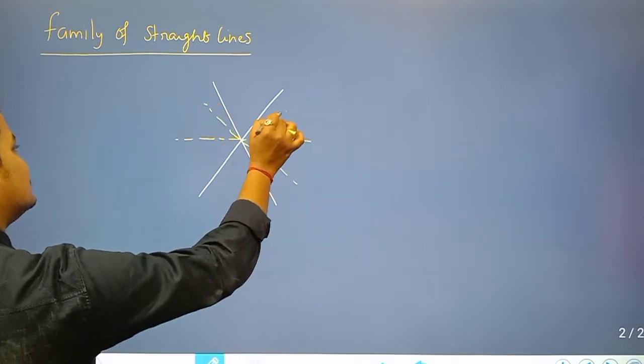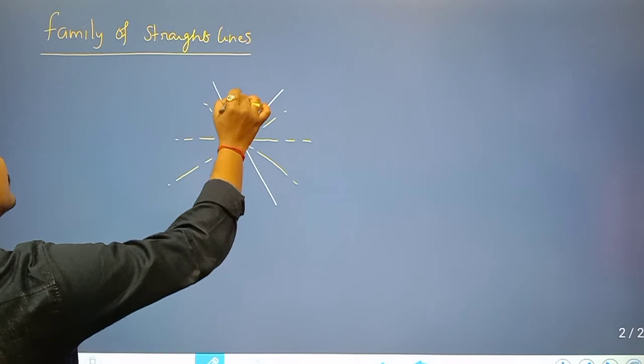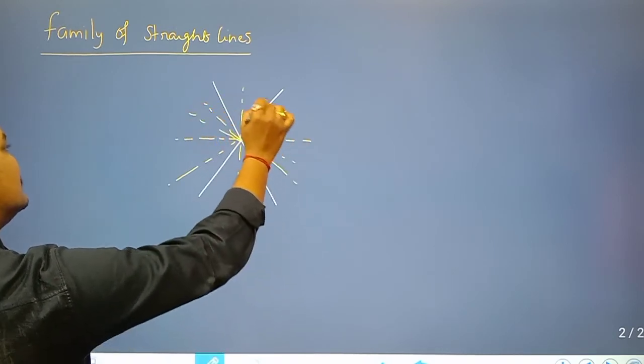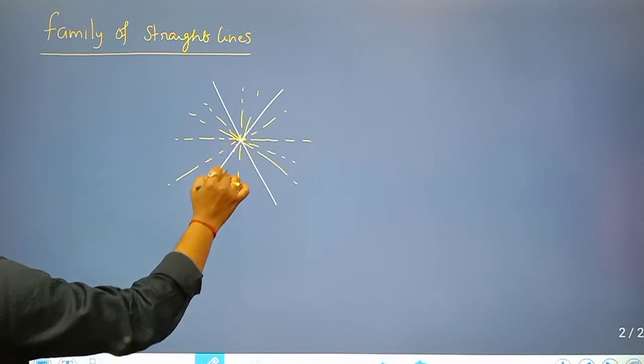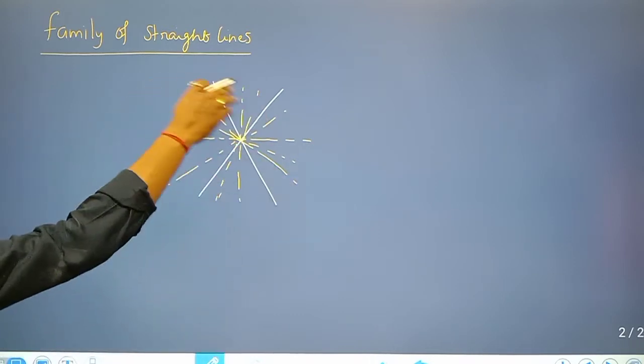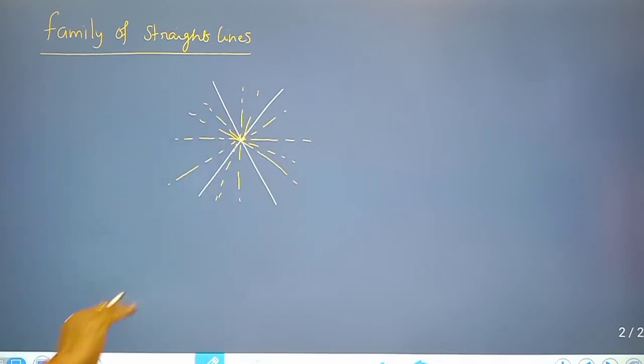Like this, infinite lines can be drawn through the intersection of these two lines. The combined equation of all these lines is called the family of straight lines.